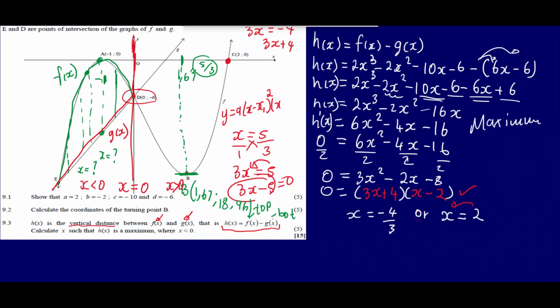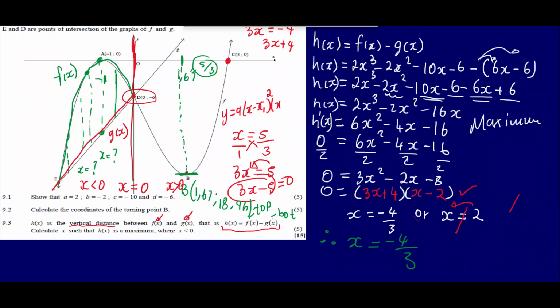So now we got the 2 x coordinates. These 2 x coordinates are the ones that give us the maximum, but the one we're looking for is negative. So we will simply say this one is not the one, and then we'll say therefore the x coordinate is minus 4 over 3 at maximum.